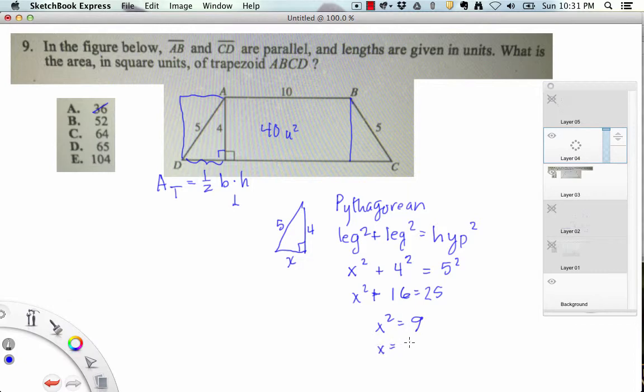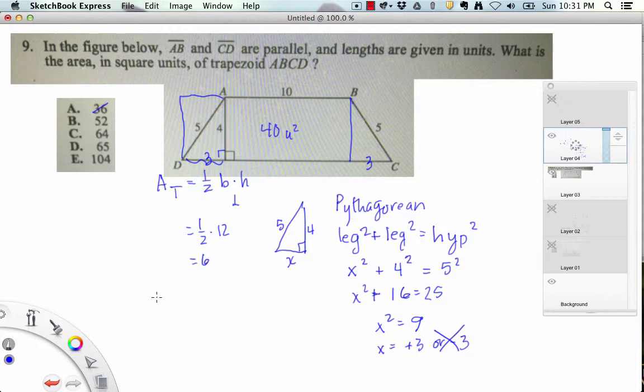Now we'd usually say x equals positive 3 or negative 3, but we're dealing with a geometric situation, so we don't need the negative solution. Regardless, this distance is 3, this distance is 3. So 3 times 4 is 12. Half of 12 is 6, but we've got 2 of those triangles.